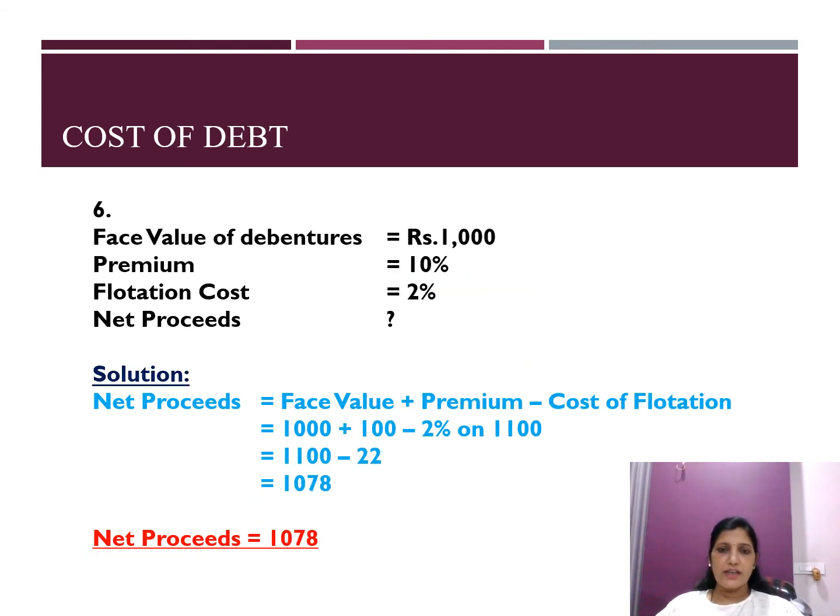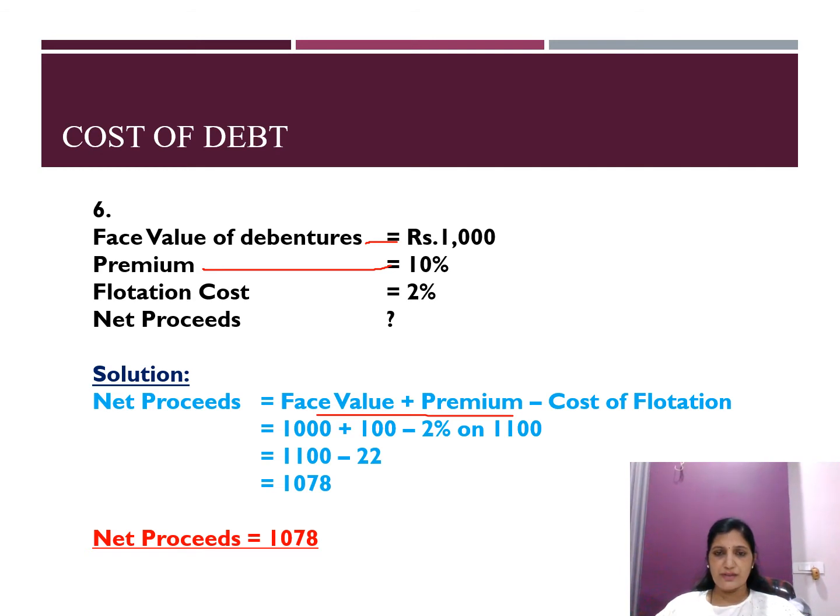Now same type, but instead of discount, premium has been specified over here. Face value is 1000, premium is 10%, flotation cost is 2%. Find out net proceeds. So net proceeds is equal to face value plus premium. From that you have to deduct cost of flotation. 1000 is face value plus 100, that's the premium.